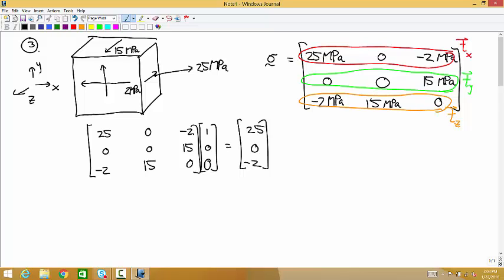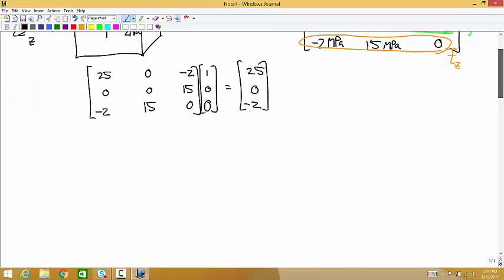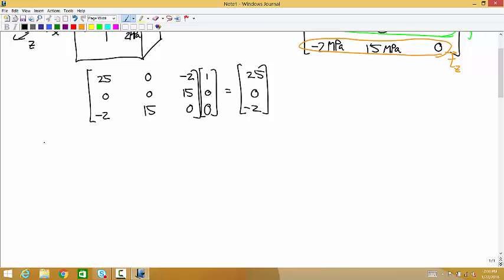What happened here? Okay, and then part B, we want to know, so trying to draw this in 3D is risky.